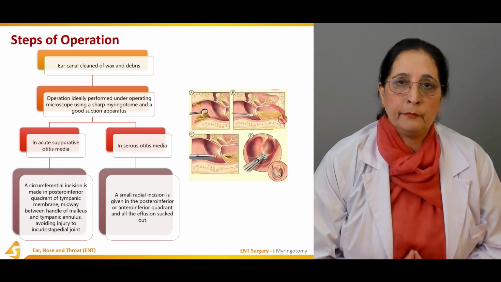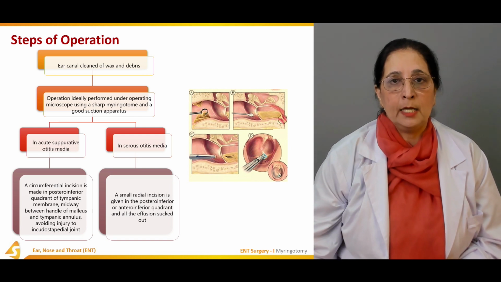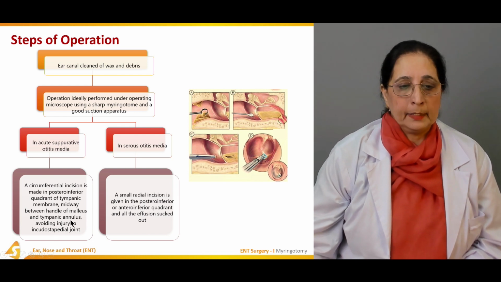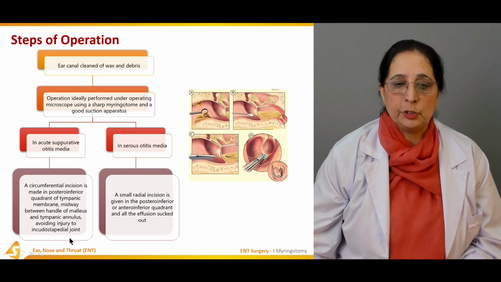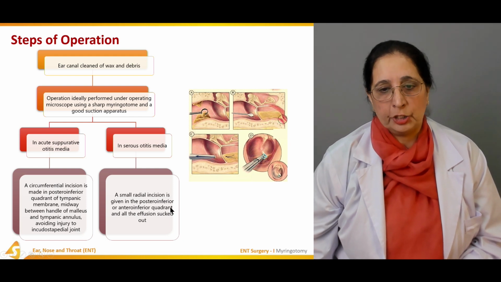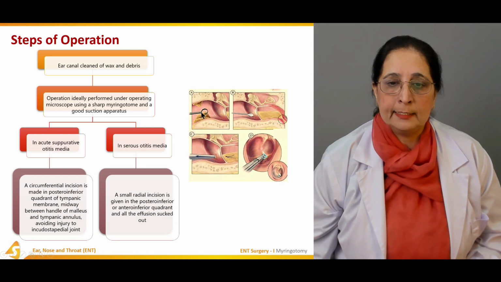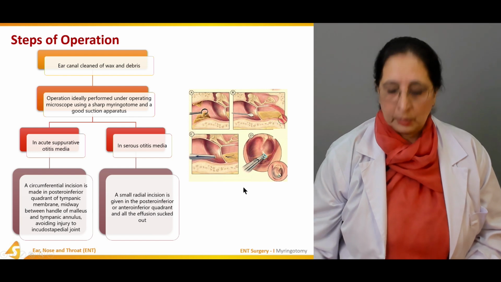In suppurative otitis media, a circumferential incision is made in the postero-inferior quadrant of the tympanic membrane to avoid injury to the incudostapedial joint, whereas in this case a small radial incision is given. So these are the differences between the incisions given for both types of otitis media.